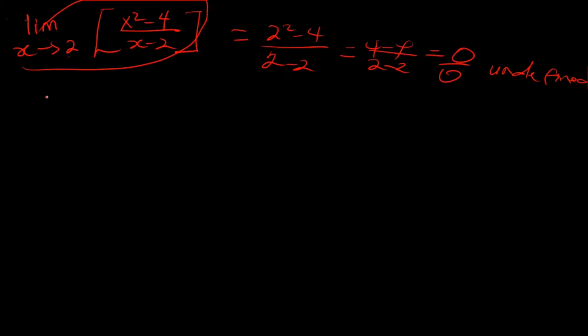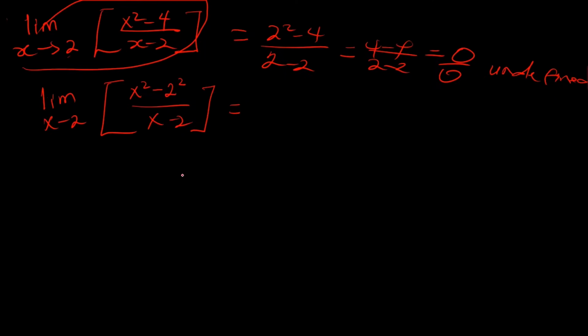So we can testify that limit as x approaches 2 of x squared minus 4 over x minus 2 can be written as x squared minus 2 squared all over x minus 2, because obviously it is a difference of 2 squares.